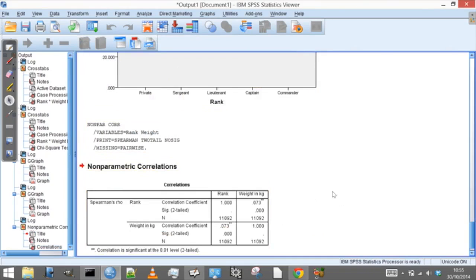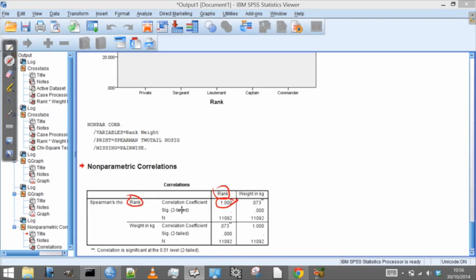And you get another box come up, and when we look at this, we can see that we have the rank compared to the rank has a correlation coefficient of 1. That should be no surprise to us. Comparing something to itself should have perfect correlation.